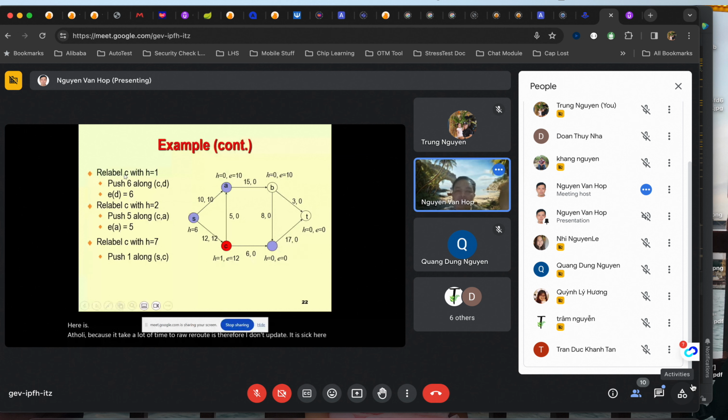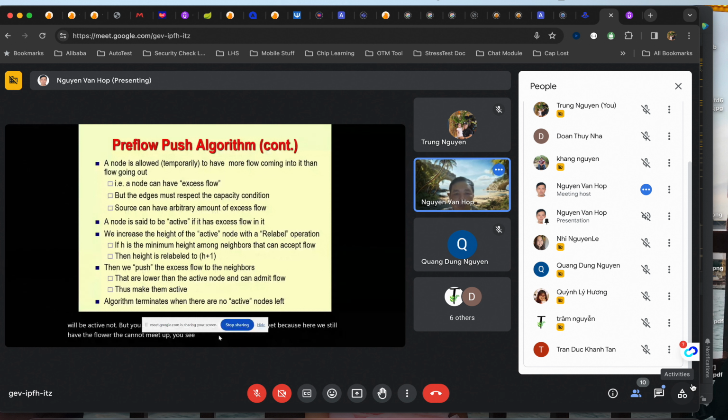Okay, then that's it. Finish one step here. Then at this one, this will be an active node, and this will be an active node. But you see that here we have not finished this one yet, because here we still have flow that it can admit. You see that we continue to push the excess flow to the neighbors that are lower than the active node and can admit flow.